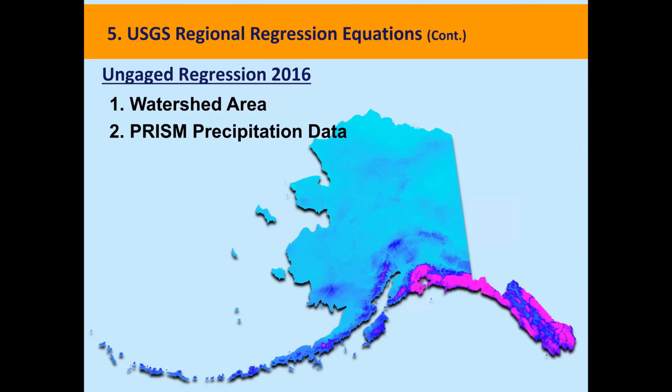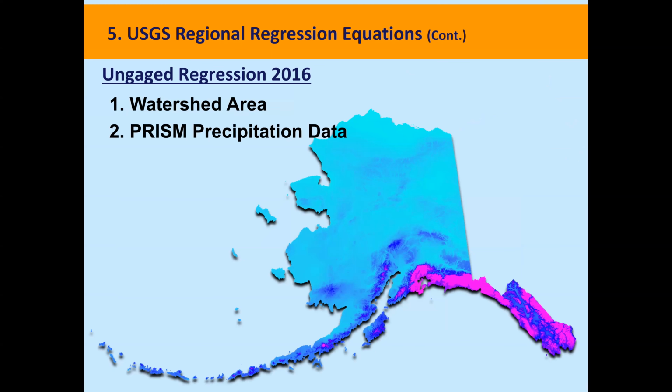The watershed area is pretty straightforward. You would just map that by hand or using GIS to come up with the square miles area of your watershed. And then the PRISM precipitation data, that's some data that got worked up by a group at Oregon State, and it's a 30-year average annual precipitation for the whole state of Alaska.